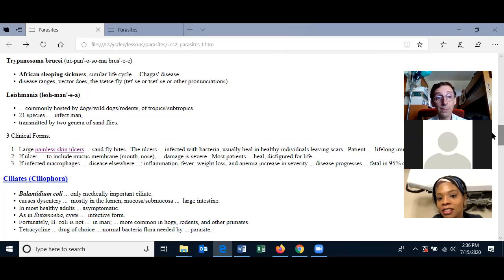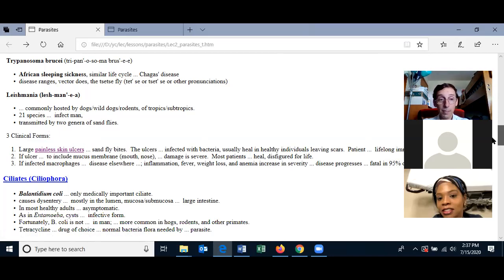There are 21 species of Leishmania that can infect humans, and all of these 21 species are transmitted by 2 genera of sandflies. There are 3 clinical forms when a patient is bitten by a sandfly, which transmits Leishmania.